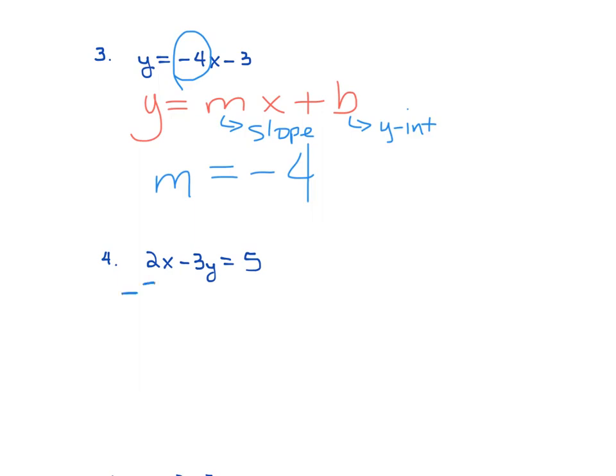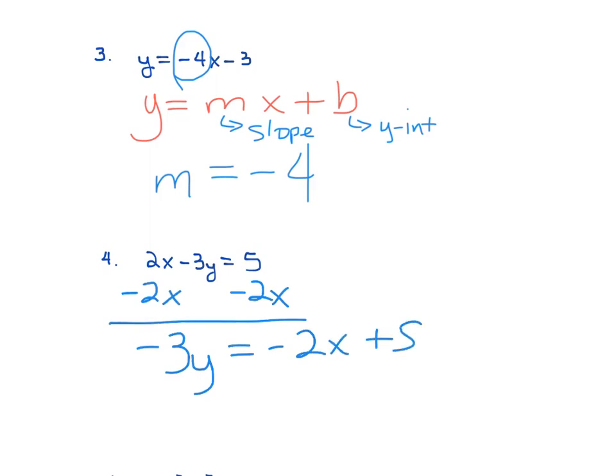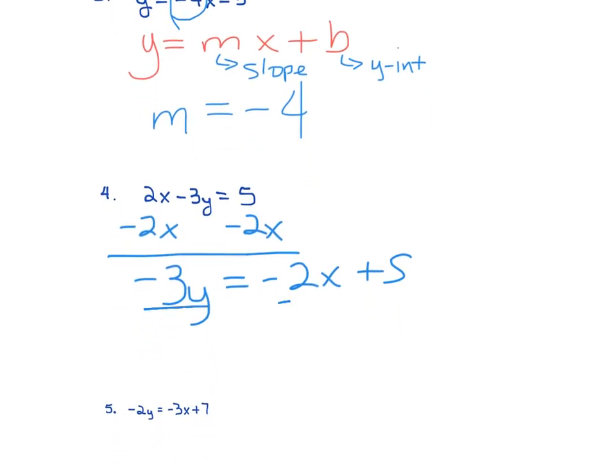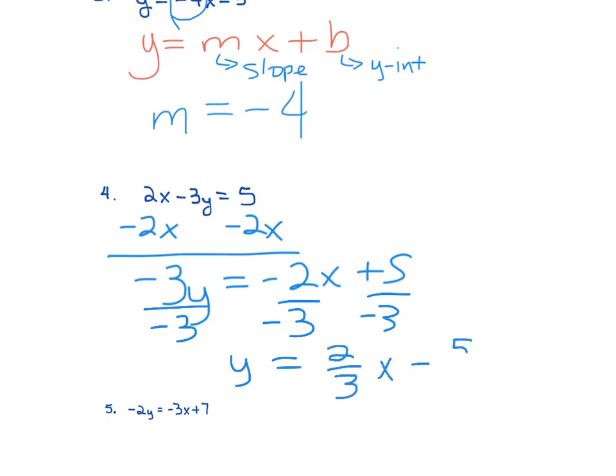So I would minus the 2x and get -3y is equal to -2x plus 5. Divide everything by -3. And I get y equals, notice it's negative over negative, so that's negative divided by a negative is a positive. And all I was looking for was the slope. So you would say the slope is 2/3.